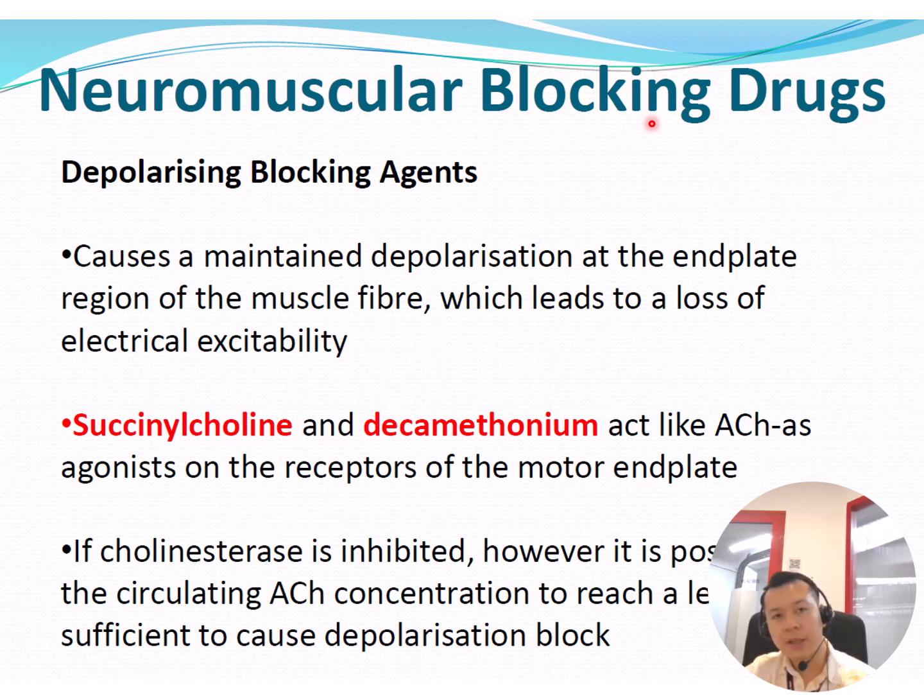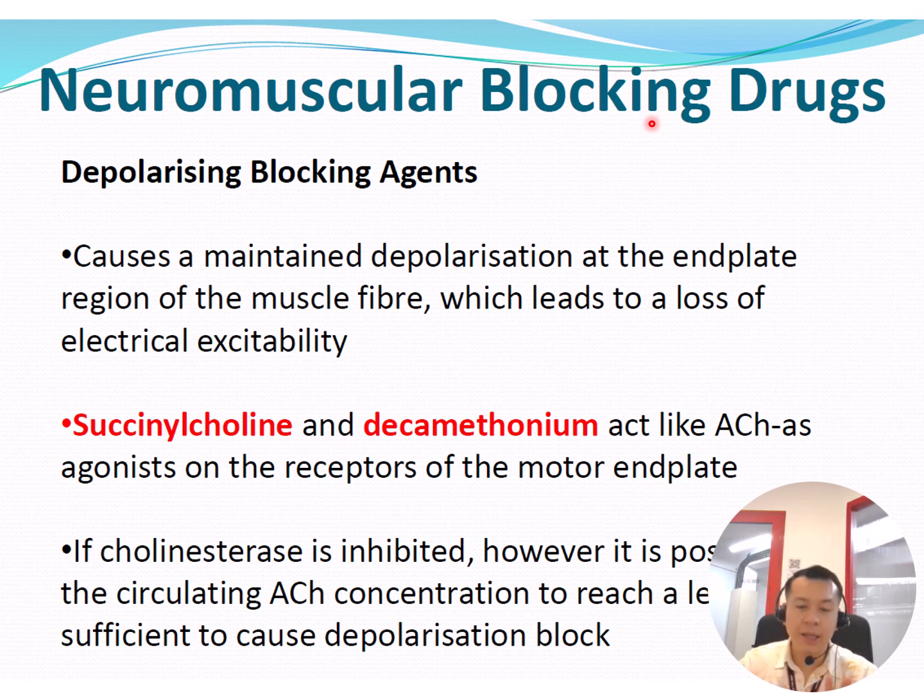So on the flip side, we have the depolarizing blocking agents. For example, we can use succinylcholine and decamethonium as well, whereby they act as acetylcholine mimics and bind the receptor, initially causing muscle contractions.